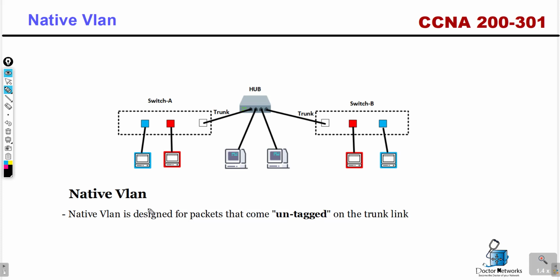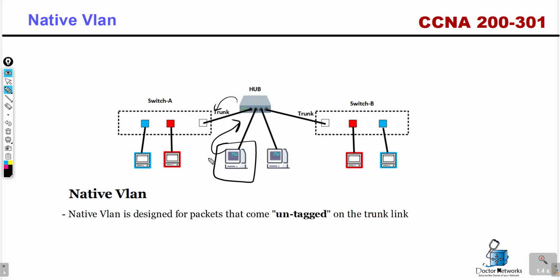So native VLAN was a concept that was actually for untagged packets, meaning if you had these 80s PCs, computers connected to a hub, and they were in turn connected to a trunk on switches, they will send a broadcast, and the broadcast comes into the trunks as untagged, so they don't have any VLAN tagging on them.